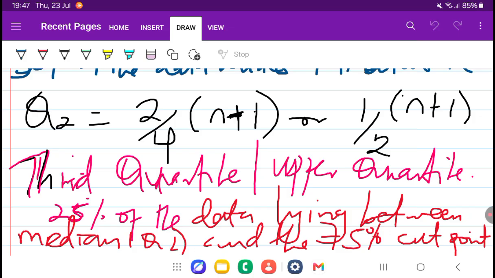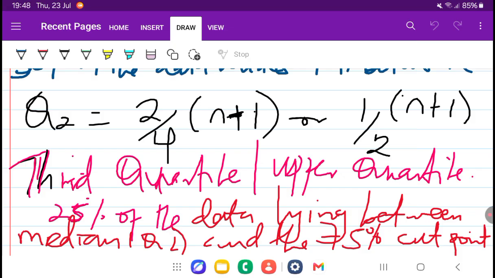So it shows that 25% of the data set is larger than the Q3, because what is left from 100 minus 75 gives you 25. So 25% of the data set is above Q3.